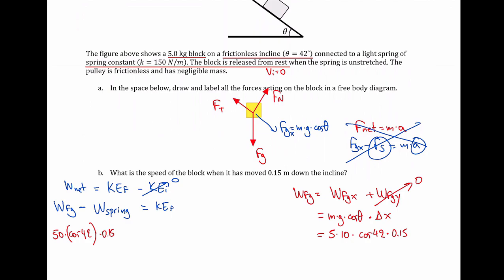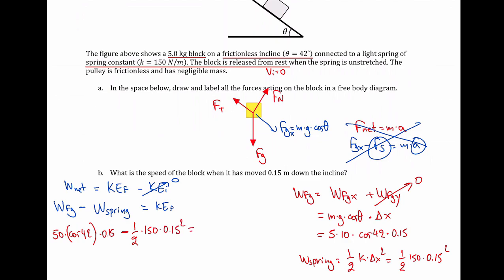And the work by the spring force, we remember that it is half k delta x squared. So it is half k is 150 and the delta x 0.15 to the power of 2. But again, because this acts in the opposite direction to the motion, the value should be negative. So minus 1 over 2 times 150 times 0.15 to the power of 2.